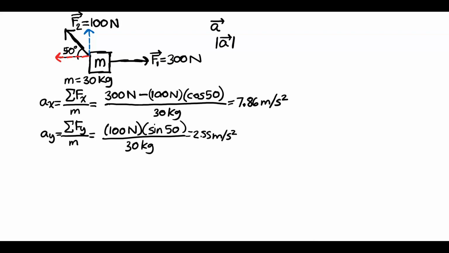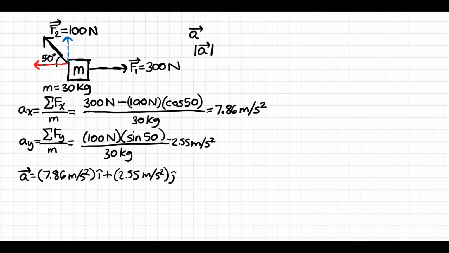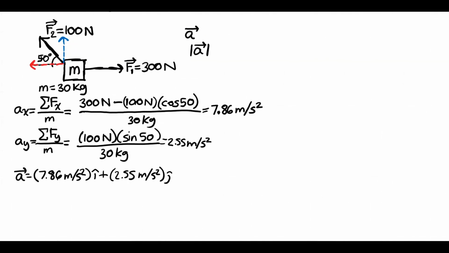So our total acceleration, if you were to write it in IJ notation, is 7.86 meters per second squared I plus 2.55 meters per second squared J. And that will sort of look like this, so this is the I part, the J part.